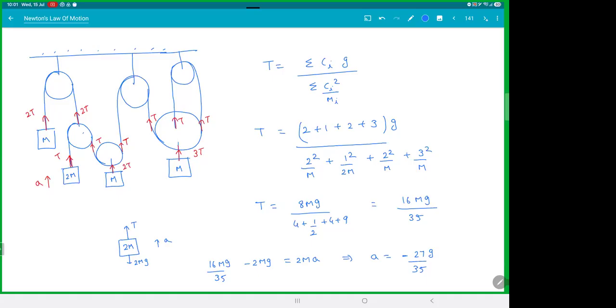Kind of saves time. It's not really that bad a result, but when things are really bad, it works. All clear with this? So I taught you 3 things. You know the general method, you know the pulley equivalent, and you know this thing. Let's see one last one for the day.